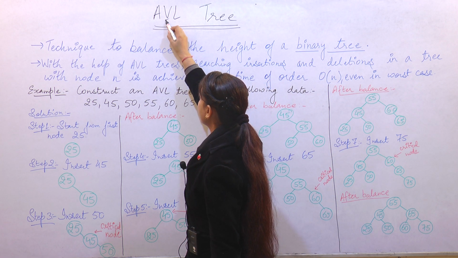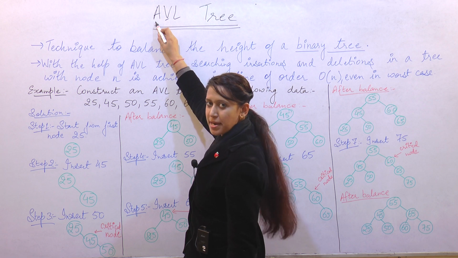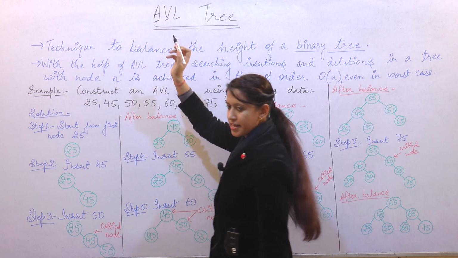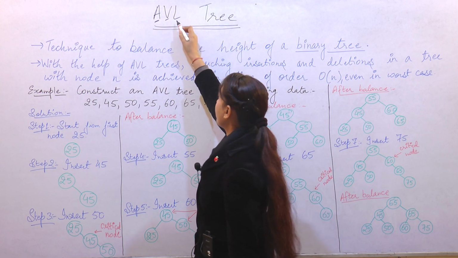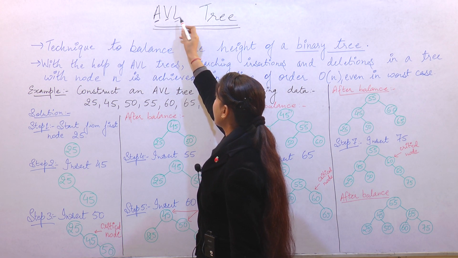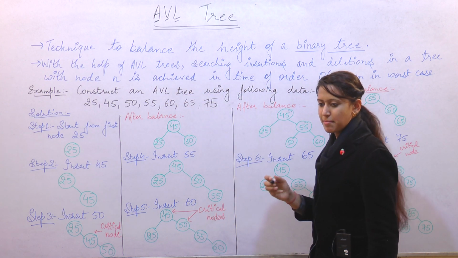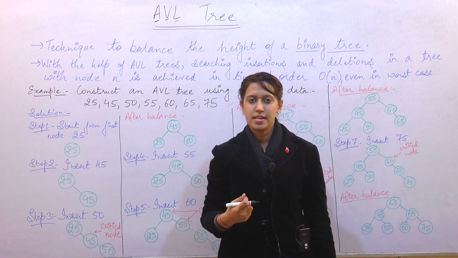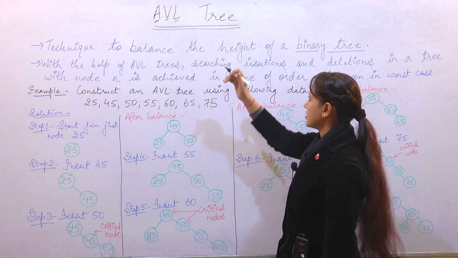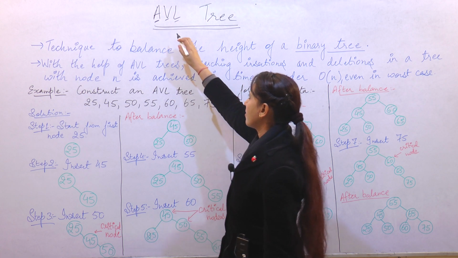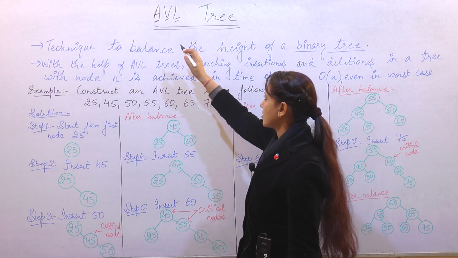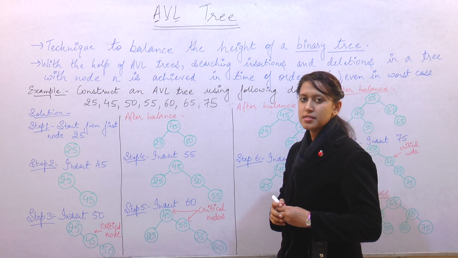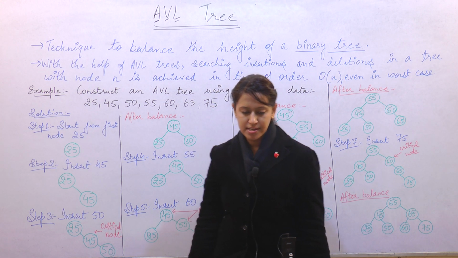From there we got this V, from G.M. Adelson we got A, and from E.M. Landis we got L. So these three mathematicians gave this technique of the AVL tree. That's why it is known as the AVL tree, with their names as the short form. The AVL tree was given by these three Russian mathematicians in 1962.